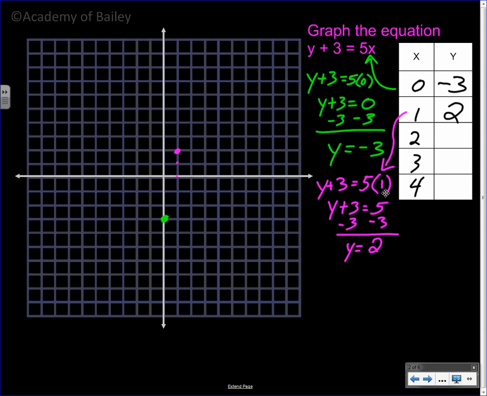And let's look at another one. If we let x be 2, y plus 3 is equal to 5 times 2. So y plus 3 is equal to 10. Then we subtract 3 from both sides, so y is equal to 7.